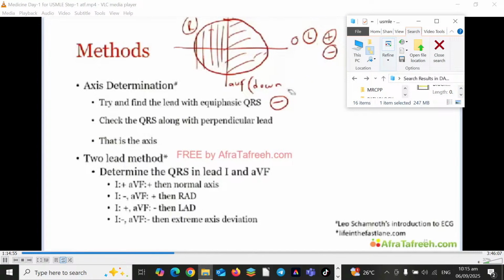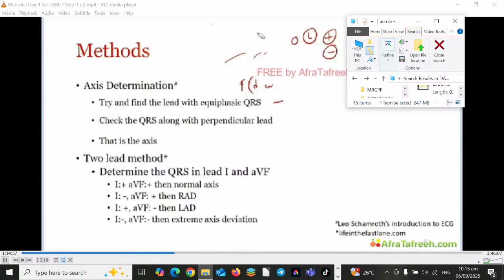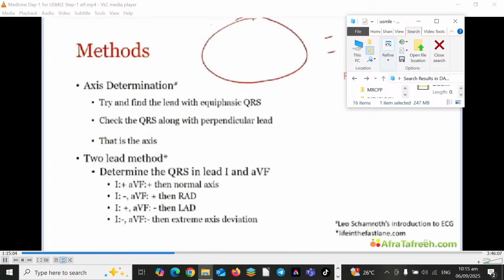Alright, so this is how you generate the axis. When you say it is positive in both, to be positive on the left side for lead 1, it should be on the left side, and to be positive for AVF, it has to be on the bottom side. So there is only one quadrant where it can be positive, and it is your normal axis.